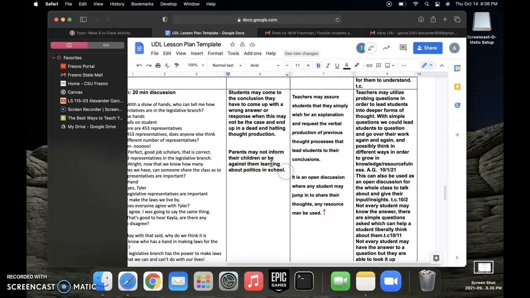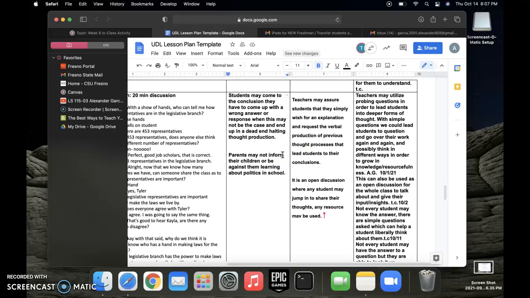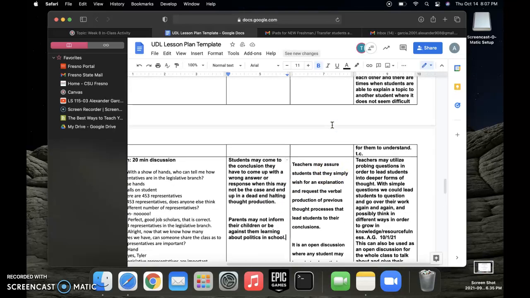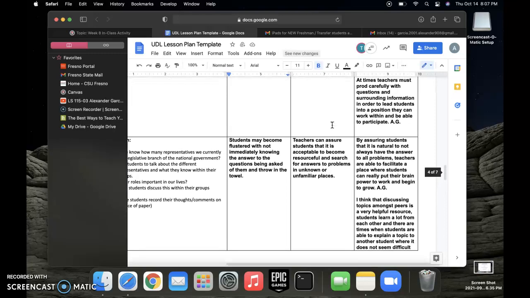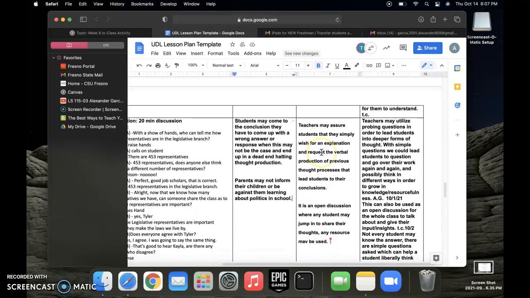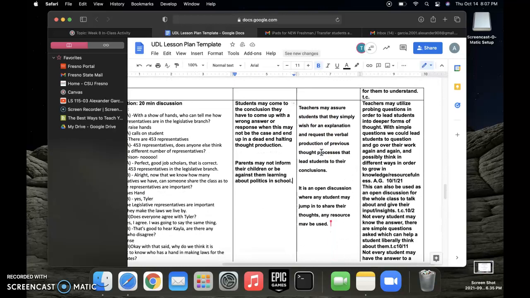But the thing that came to my mind when I introduced this thought to my partner was parents being a little fearful of teachers pushing off their political beliefs onto children, which may or may not be the case. I skipped one. I apologize. Oh, no, I didn't. All right, and then some ways around this that we found.